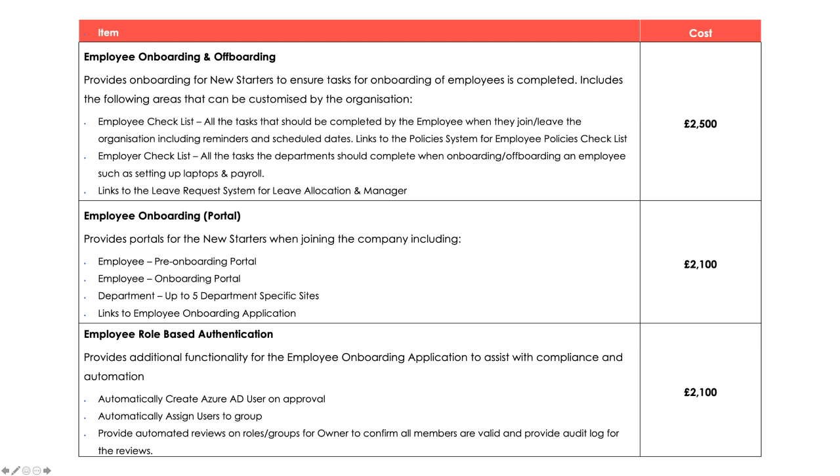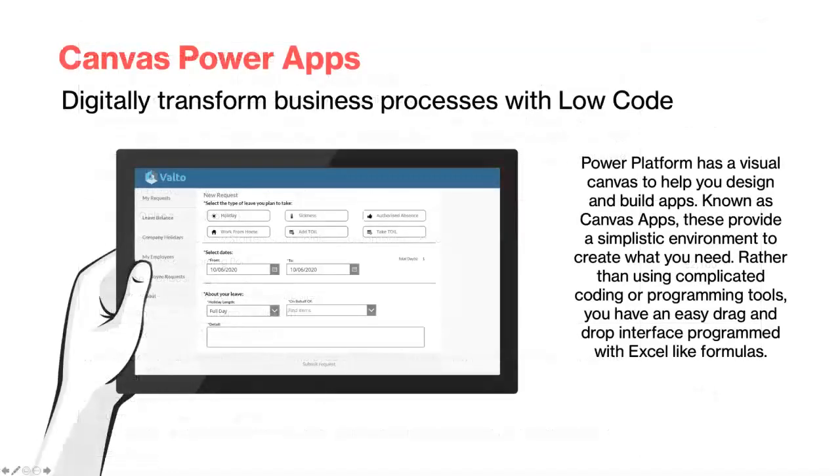And then you've got the employee role-based authentication, which enables a lot of the automation outside of that to automatically assign the user to the group, create the user's account, and also associate them with the roles and groups and provide that audit log for reviewing. So those are the kind of three components that we associate with what we've just demonstrated within this application process.